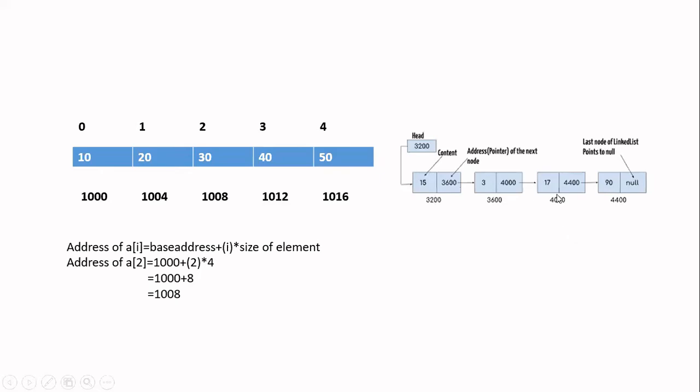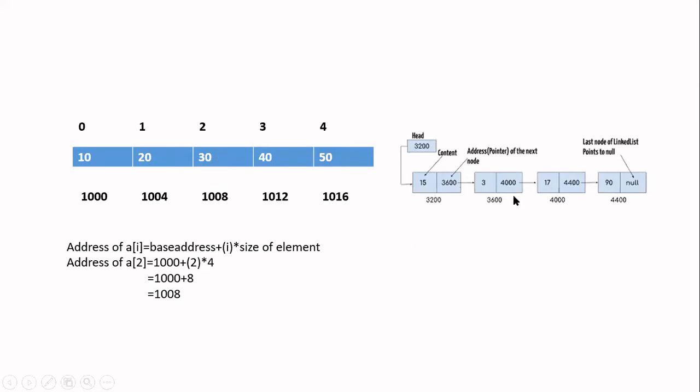Whereas random access means access one element directly. If I tell you access 30, in case of an array, you know the address of 30. If I tell you access 30, I will tell access the element at array of 2, A of 2. With the help of this two, you can calculate the address of 30. You can go there and you can access it.